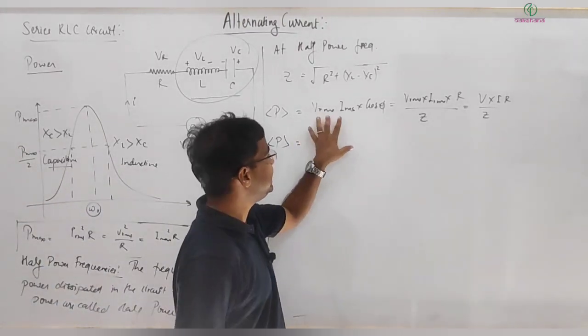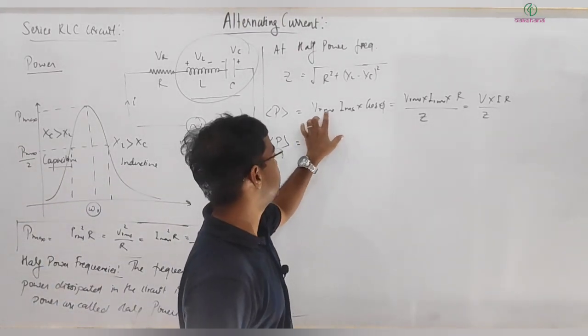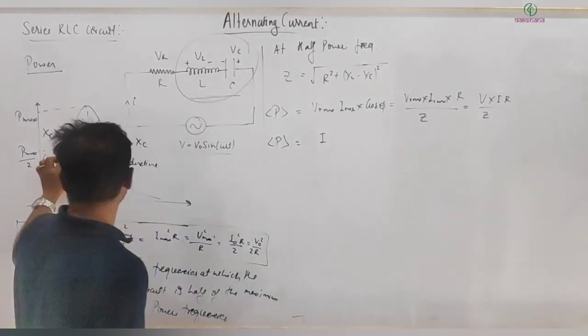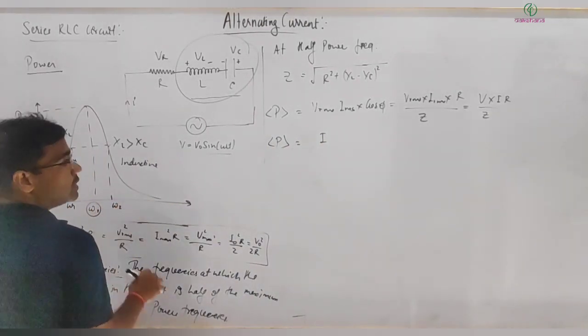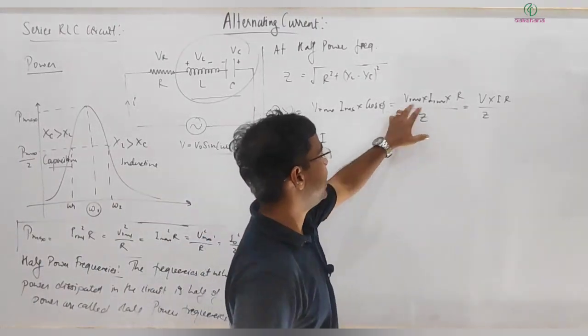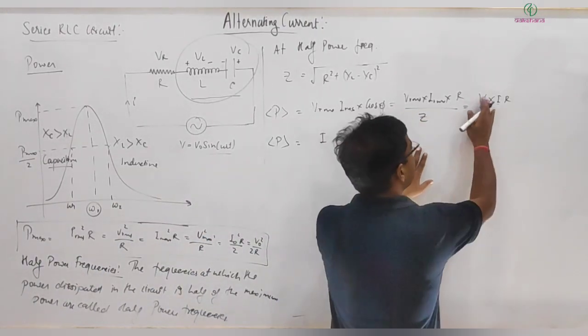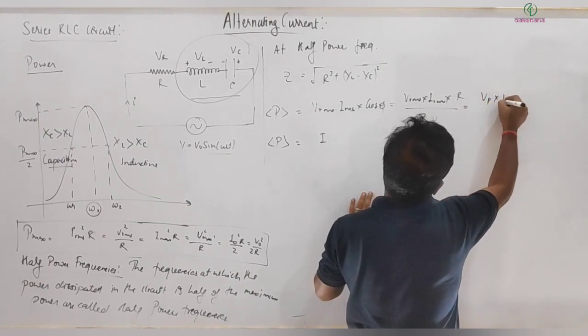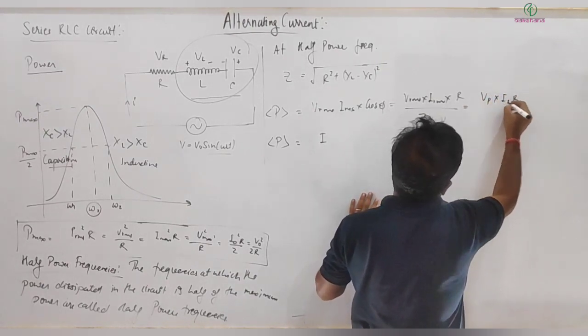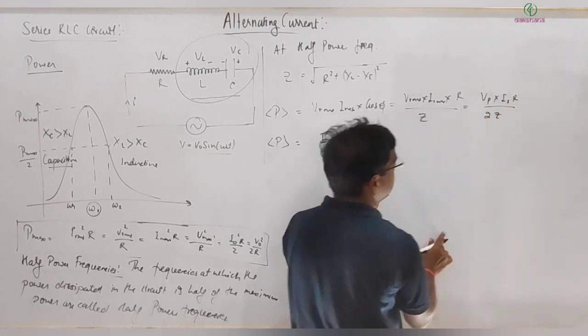So here, if these are RMS values of current and voltage at omega 1 and omega 2, then their peak values will also be there. So if I am writing V peak multiplied by I peak into R, then it will be divided by 2Z, is it?